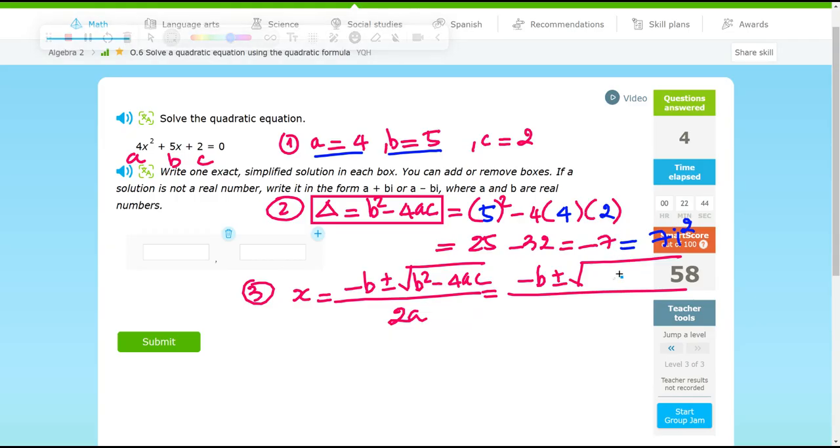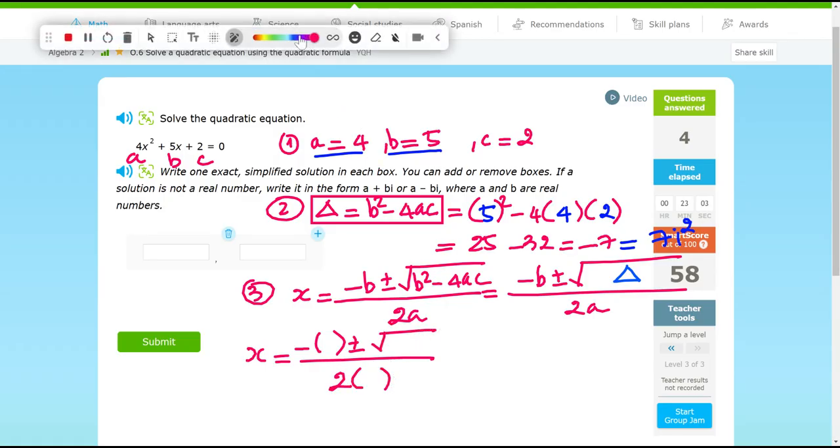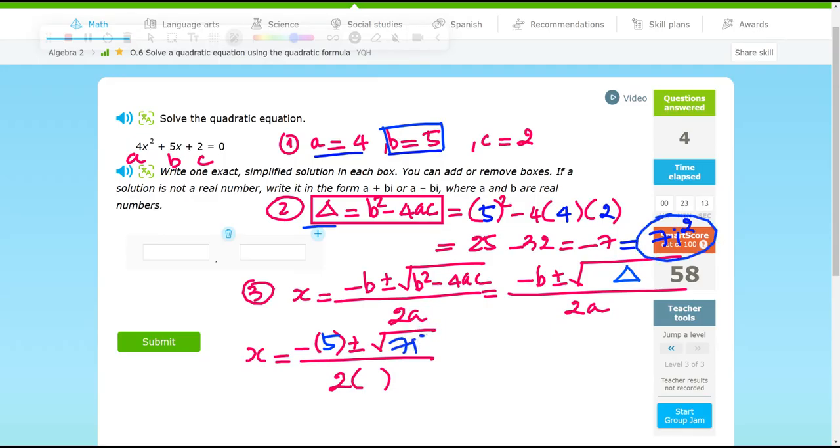So I will put the delta right here inside the square root. This is the delta. Okay, over 2A. Now let's substitute in. Subtract B, I put in parentheses, plus minus square root of delta over 2A. Okay, so let's go and find the B. B is number 5. Right there. Delta, we already calculated, it came out 7i squared, and then over 2A. A is number 4.